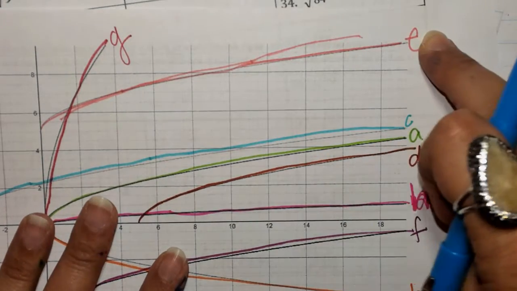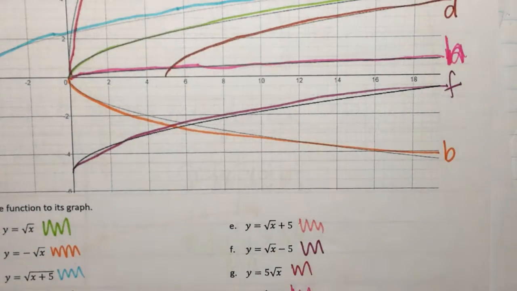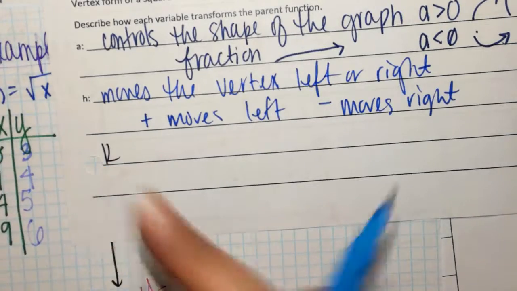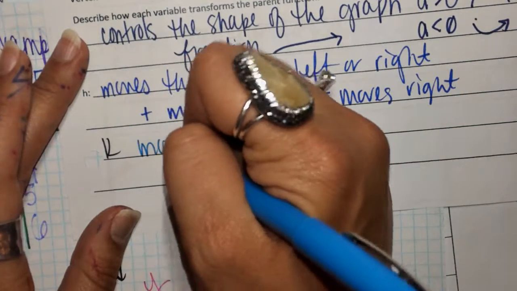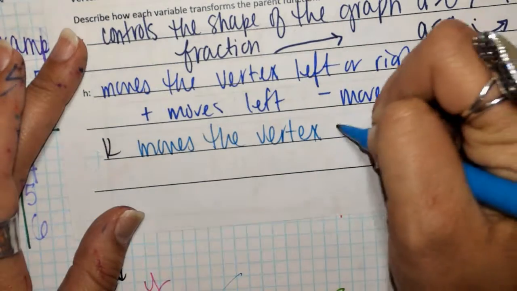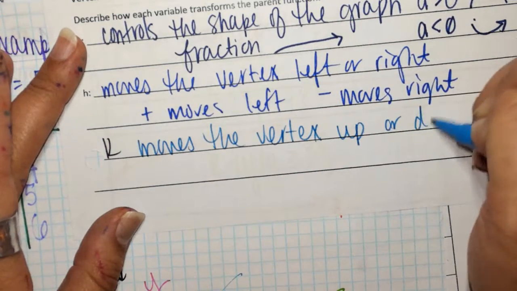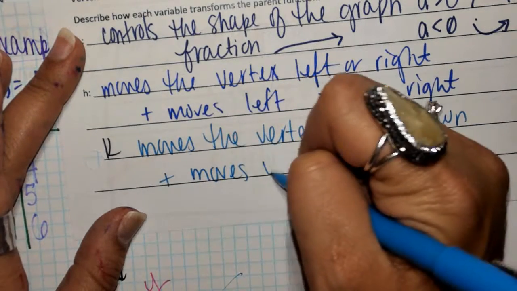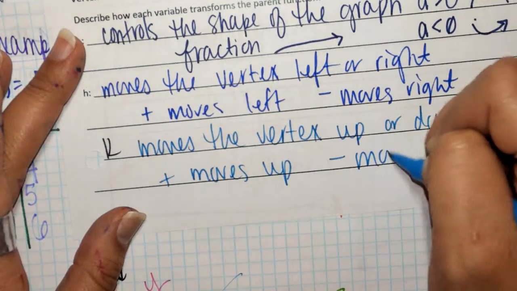Plus 5 moves it up. Minus 5 moved it down here. So what does the plus on the outside do? What does K do? Moves it up or down. Alright, so this moves the vertex up or down. A plus moves up and a minus moves down.